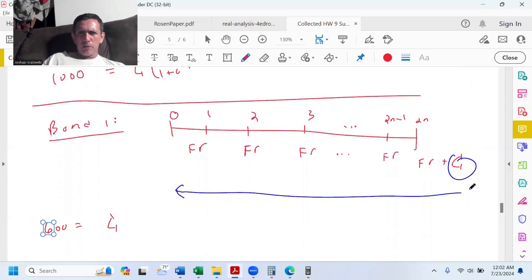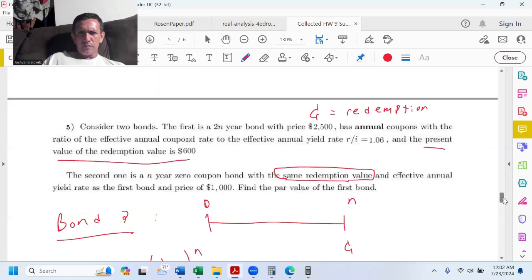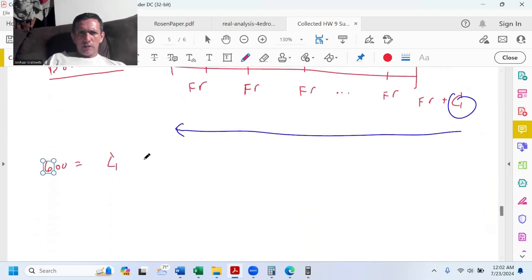So it's the same redemption for these two, because I'm telling you it's the same. The present value of the redemption of the first one is 600. So 600 over 1,000, or you could do 1,000 over 600, it doesn't matter.